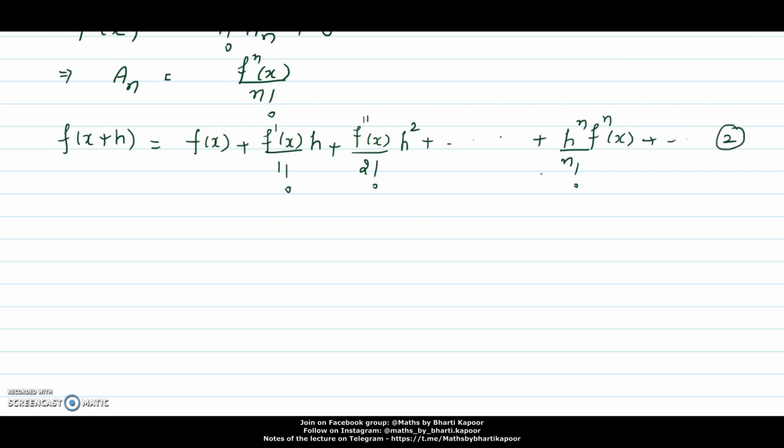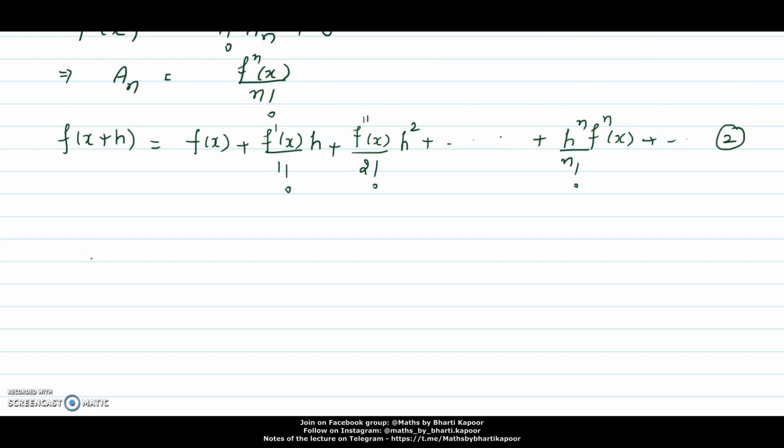So this is the result of Taylor's theorem. That means the expansion of any function in Taylor series is given by f(x) plus f dash x upon 1 factorial into h plus f double dash x upon 2 factorial into h square plus so on, h^n upon n factorial f nth order derivative of x plus so on.